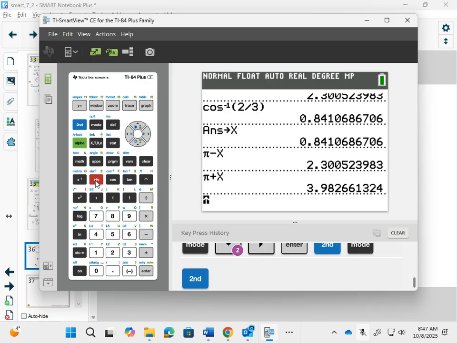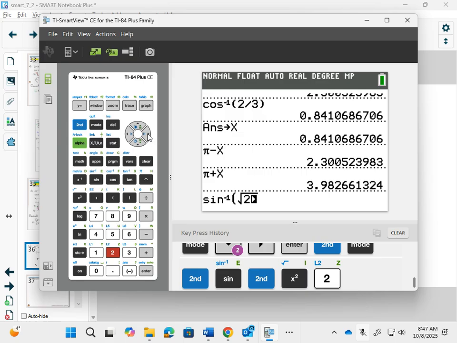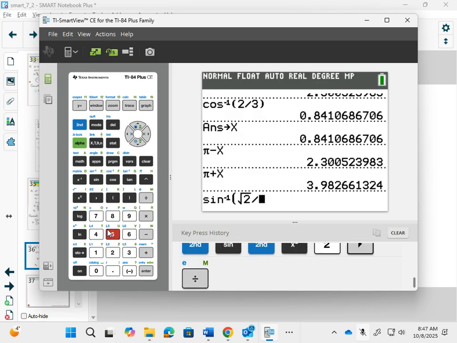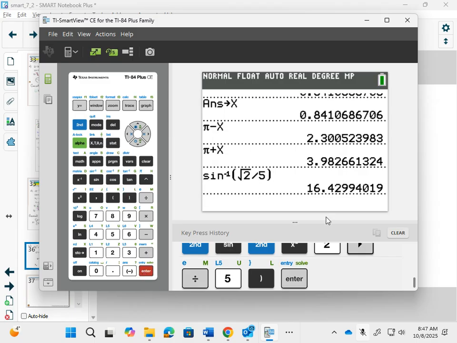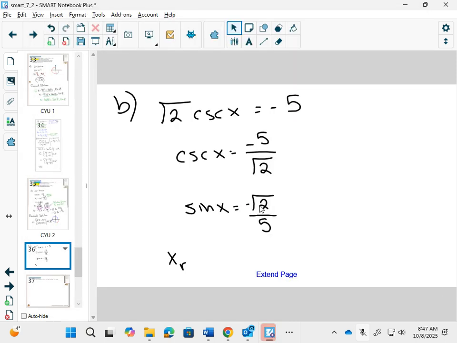And I'll go sine inverse of positive square root of 2 divided by 5. 16.5, 0.430 to 3 decimal places. So again, I started with 3 decimal places, but I read the question later, and it does say to the nearest degree.